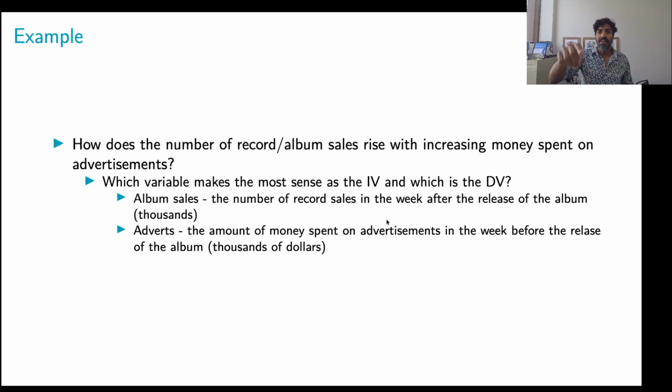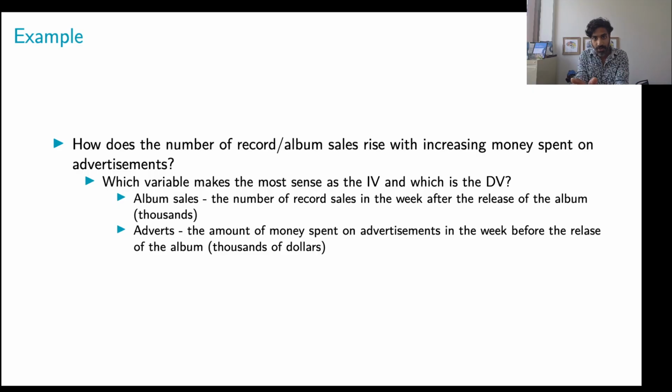And so hopefully you're back, you have an answer, and that answer is, so we have album sales, so that's the number of record sales in a week after the release of the album, in thousands, and then the adverts, which is the amount of money spent on advertisements in the week before the release of the album, in thousands of dollars. And so what you're thinking about here is you have the adverts and you have album sales.